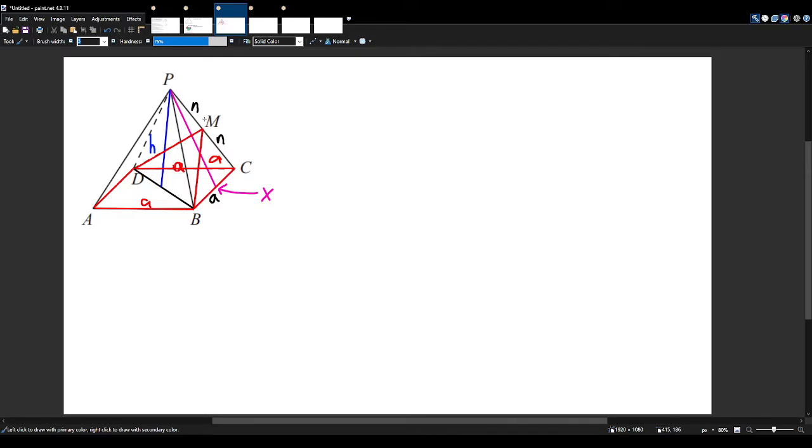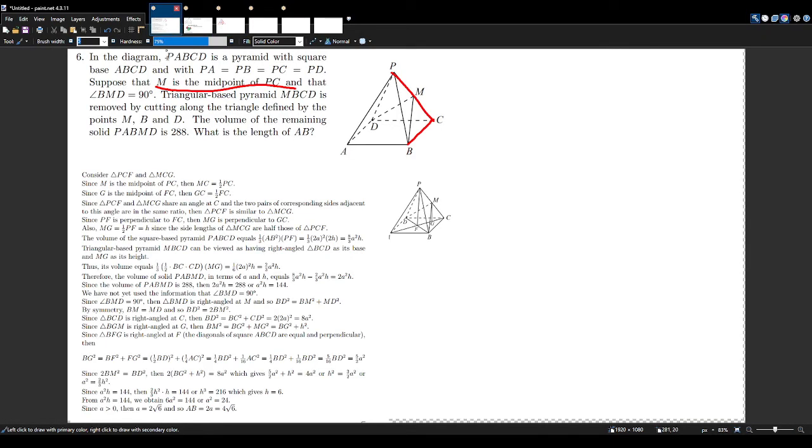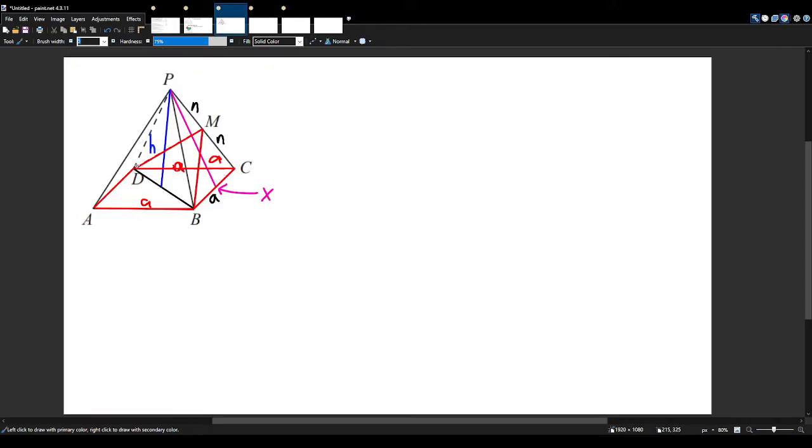Yeah, I actually didn't see this when I was doing the problem 10, 11 months ago, I forgot. But essentially, since they provided that DMB is a right angle triangle, right? BMD is a right angle triangle, and you know DCB is obviously also a right angle triangle, and they share the same hypotenuse, which is DB, which means they must be similar.